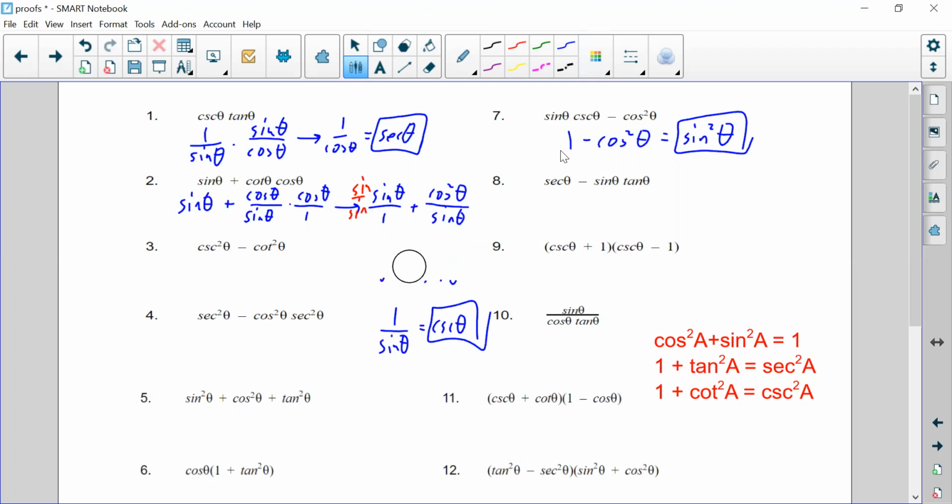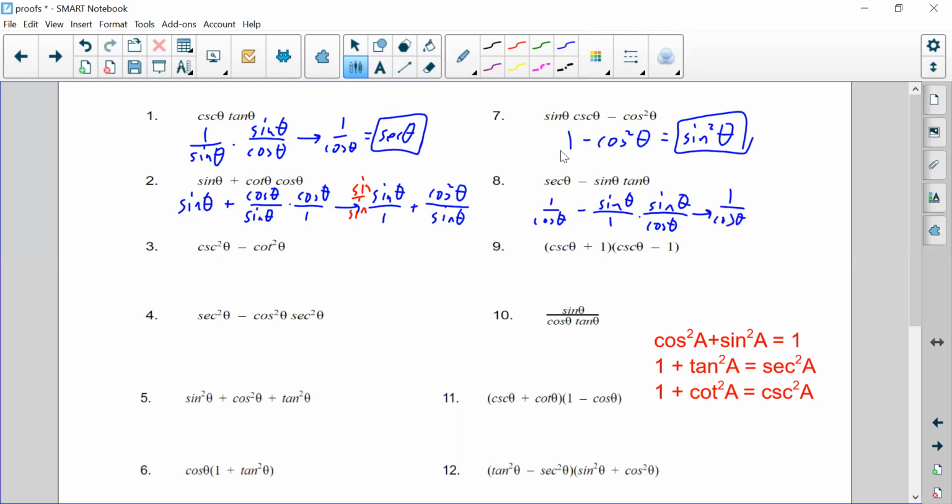And I need some space, so I have to erase all that. Number 8, I can't factor anything out. I know secant is 1 over cosine. I've got the sine. I can change tangent to sine over cosine. And this works out a little bit more nicely. I've got 1 over cosine, because I have the same denominator, minus sine squared over cosine.